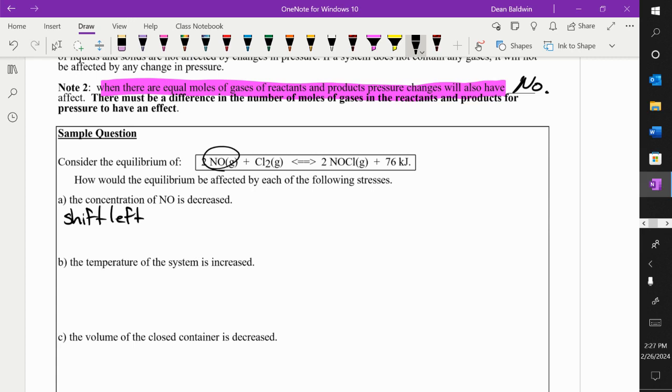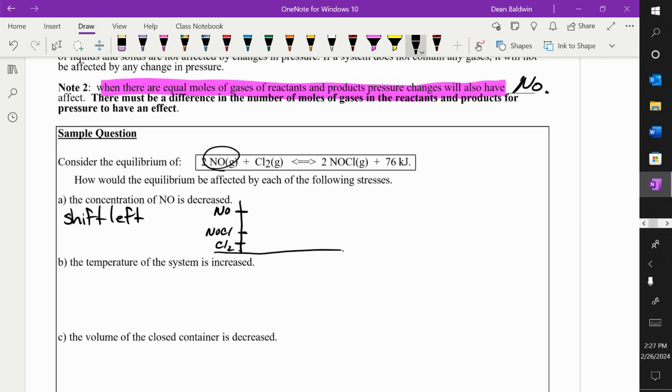All right, let's sketch the graph of what this would look like. I don't really care where you put all this stuff, but NO, NOCl, and Cl2.